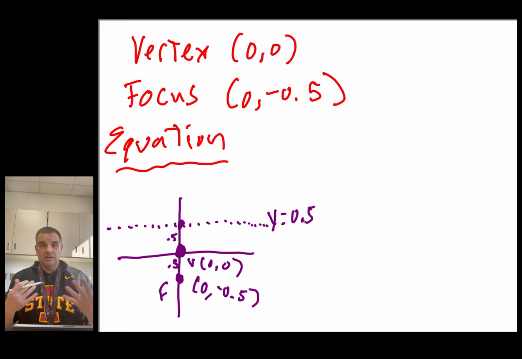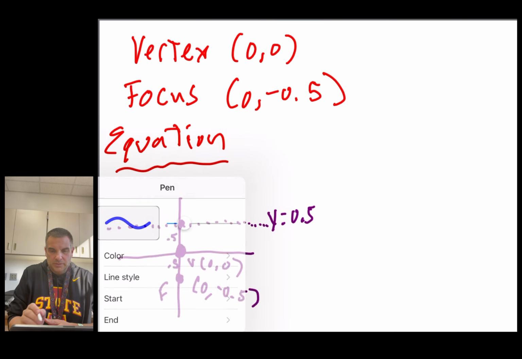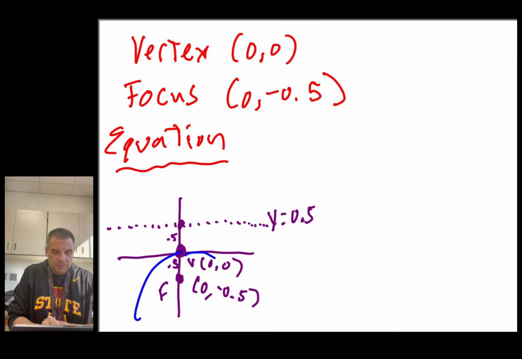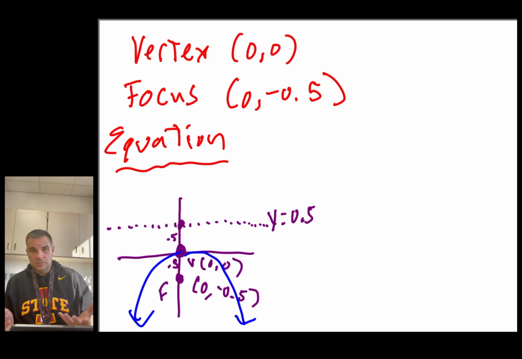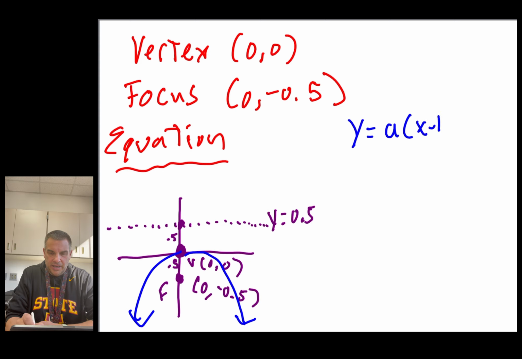So now I'm going to figure out where this goes. I want to give a quick sketch of this. It always opens toward the vertex, and the focus is inside. So it's going to go like this. Is that an x equals or a y equals? Well, that's a y equals. So we're going to use the form y is equal to a times x minus h squared plus k.